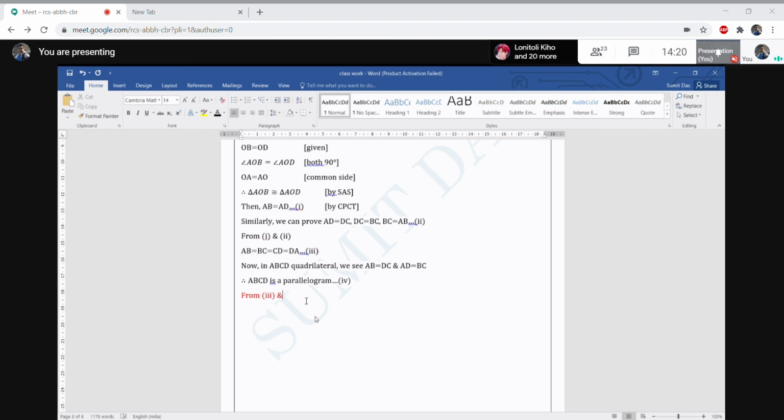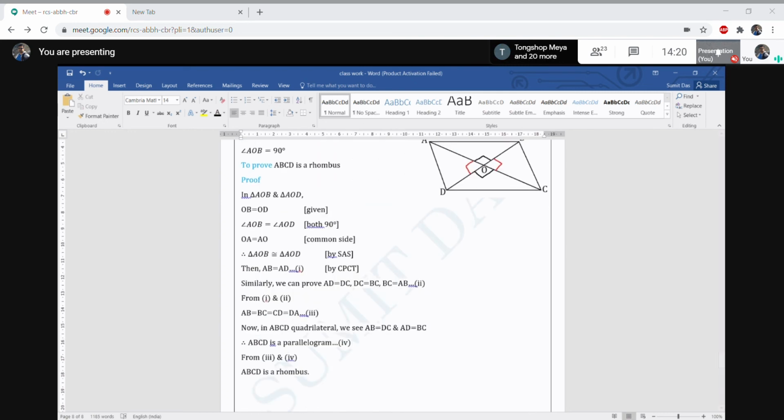This is a little bit tricky. In a quadrilateral, if all sides are equal, we can say directly it is a rhombus, because a square is also a special kind of rhombus. But if we prove in the middle it is a parallelogram, it will be much easier to say.